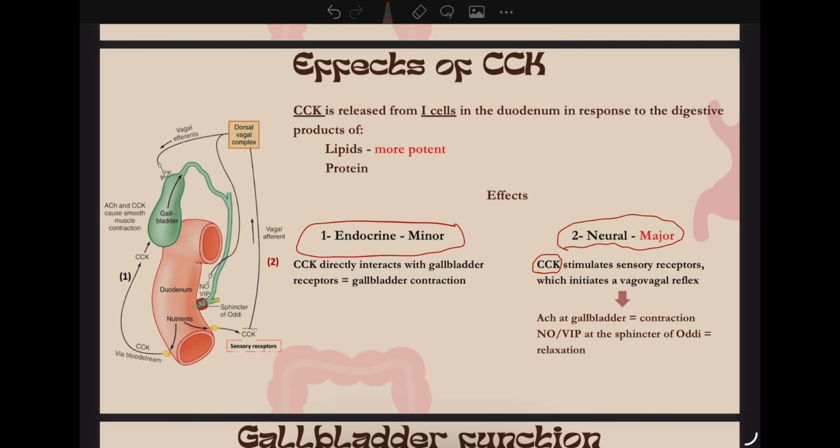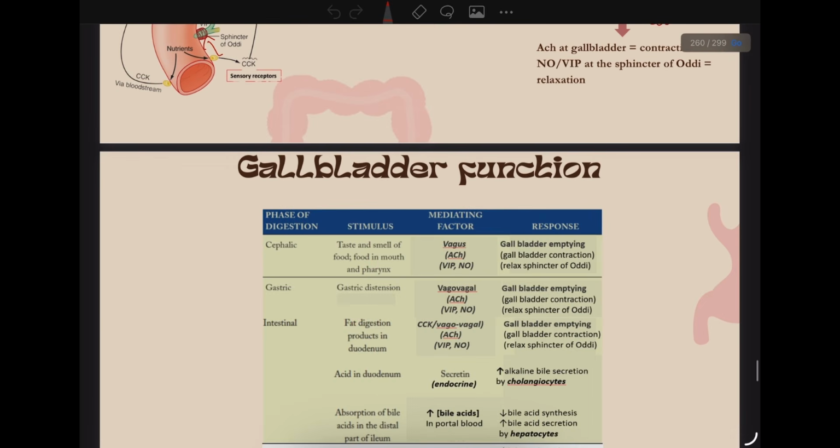Cholecystokinin stimulates neurons, and these neurons will then, by a vagovagal reflex, cause this contraction of the gallbladder and relaxation of the sphincter of Oddi. Does that make sense? So yeah, cholecystokinin's main mechanism is the vagovagal reflex.